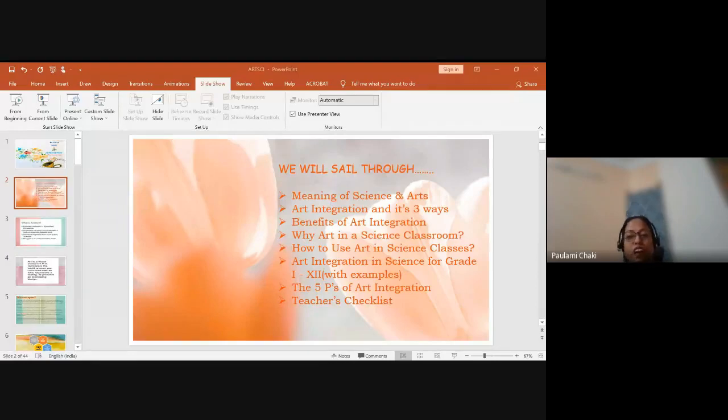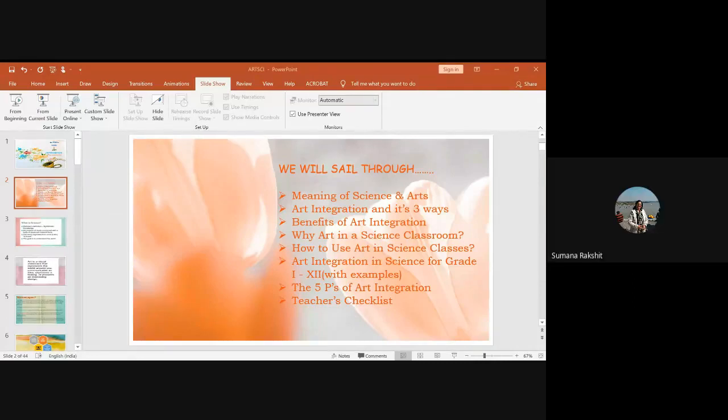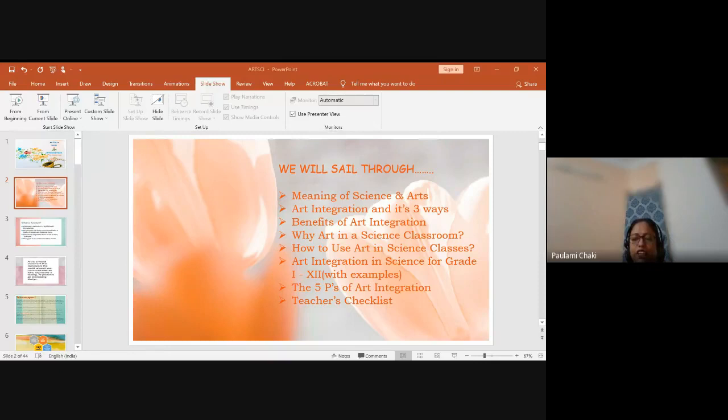Grade 1 to 10, I have included more, because from 11th onwards it becomes physics, chemistry, biology, and I have done art integration in science, not physics, chemistry, biology specific subjects. Then we will learn about the 5 P's of art integration and a quick teacher's checklist which was given to us from CBSE. I will just go through it.